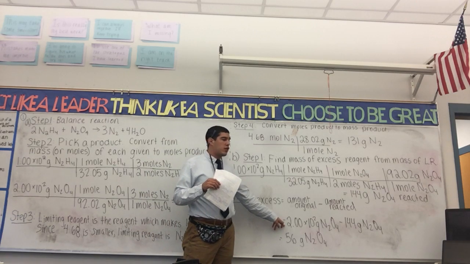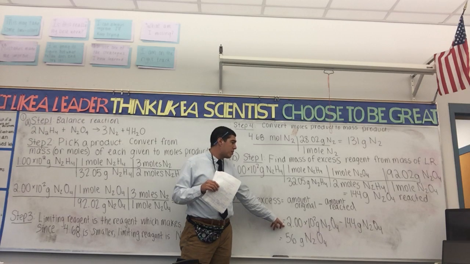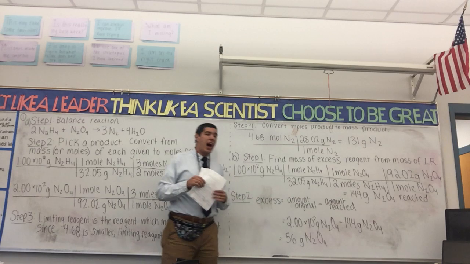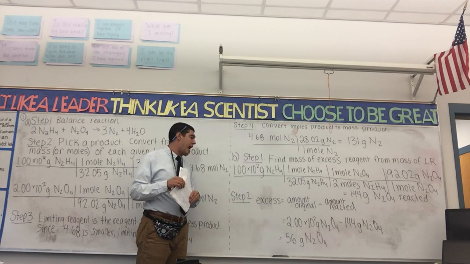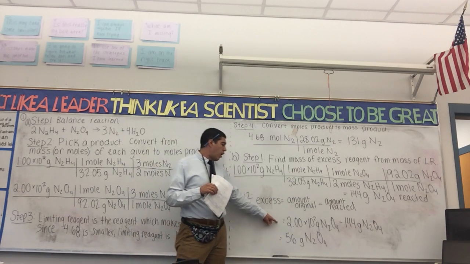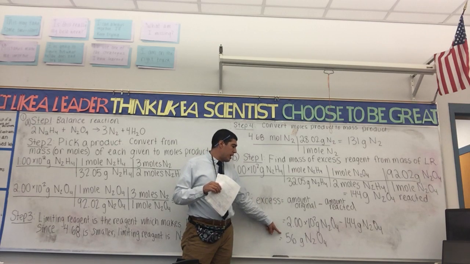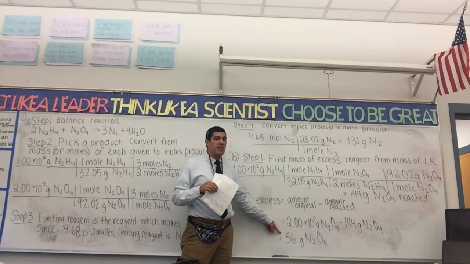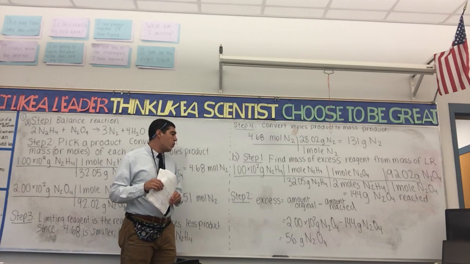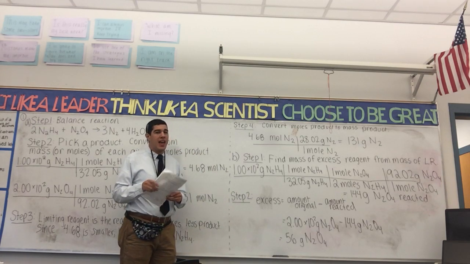We know that we started with 2.00 times 10 to the 2 grams of N2O4, and we just calculated that 144 grams reacted. When you solve this, and keep in mind that this is just 200, the answer is 56 grams of N2O4, which is left over in the end.